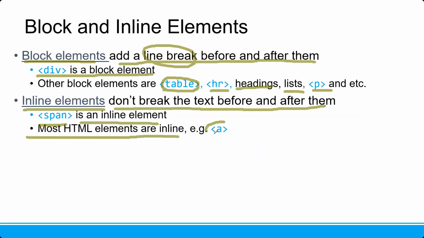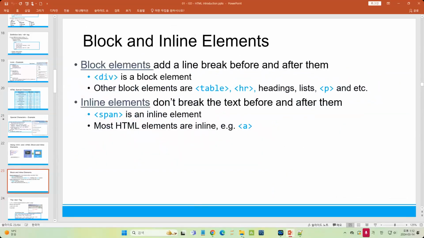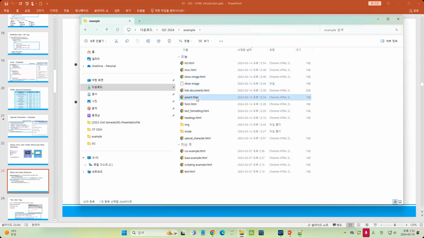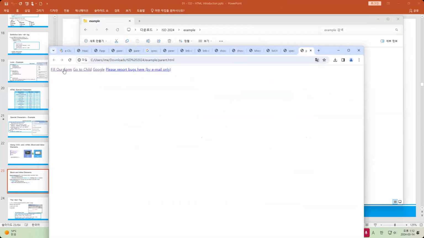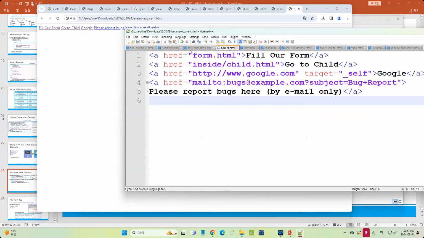For example, A. If you look at the first example about the pattern, you will see that every one of these is in the same line, because it is inline. We have A. It is inline because it does not go to the next line after we close the tag.